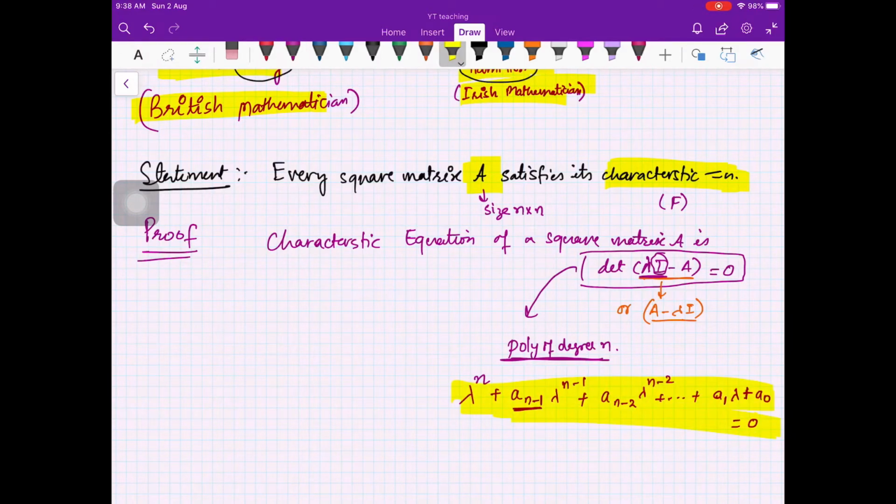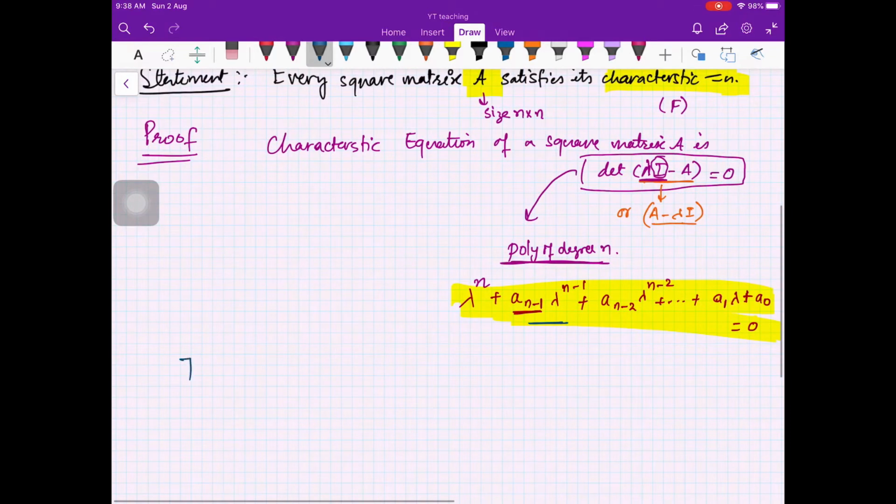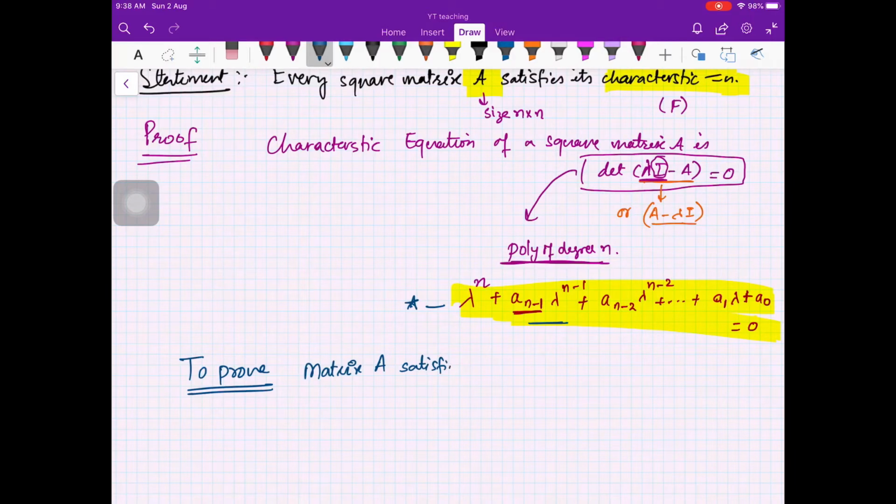Now we need to prove that the matrix A satisfies this characteristic equation. So to prove is that matrix A satisfies star. That is, you want to prove A raised to power n plus a_{n-1} A raised to power n minus 1 plus a_{n-2} A raised to power n minus 2.